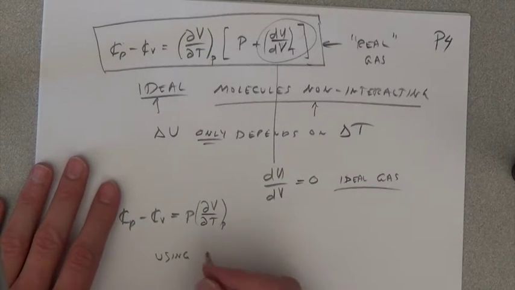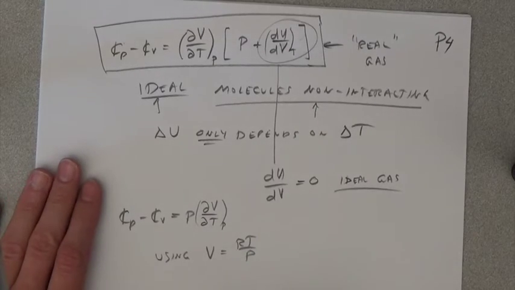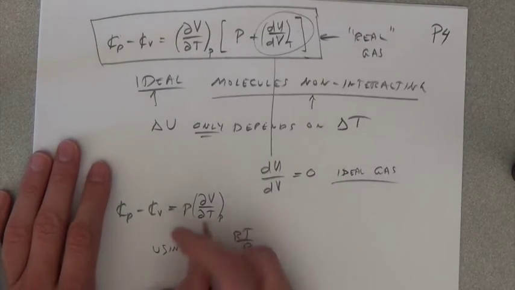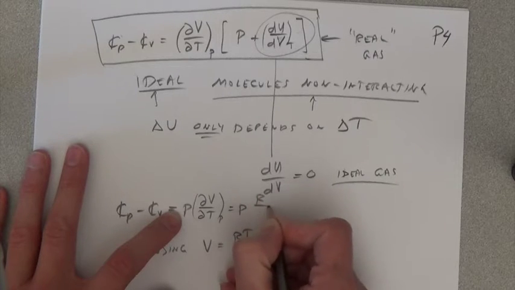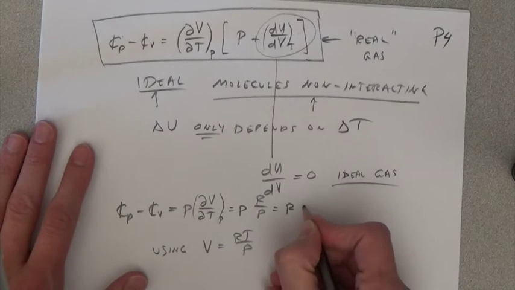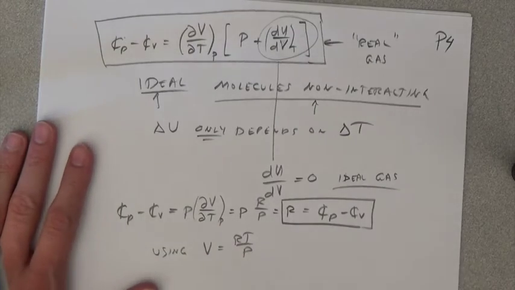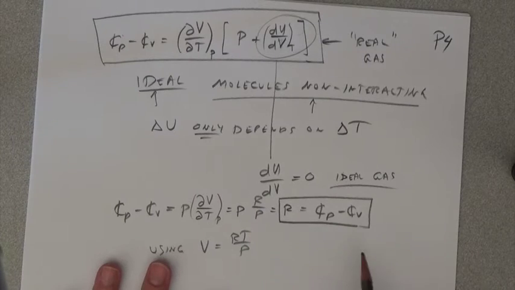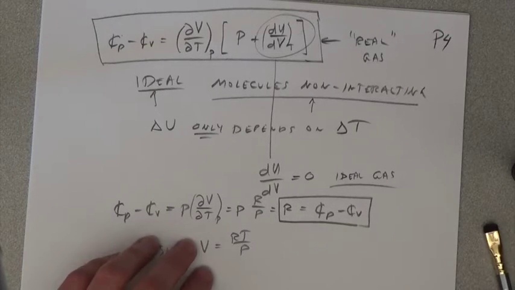Using our expression V is equal to RT over P, the state equation for an ideal gas, this can now be written as P times R over P, or R. That comes as a consequence of the ideal nature of gas, and basically it's showing you that when specifying whether you have a constant-pressure or constant-volume heat capacity, there is a difference.